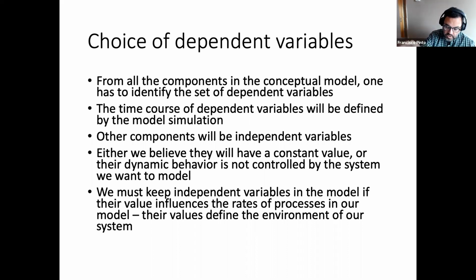You identify where the interesting outcome variables are, where the variables that you are going to perturb in your experiments are, and then you try to identify the subgraph of that conceptual model that includes those interesting variables and all the other components that are important to connect them.